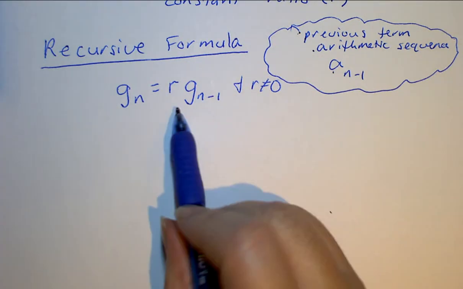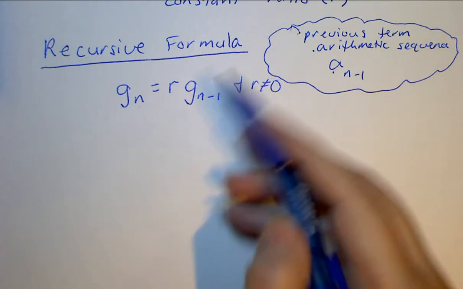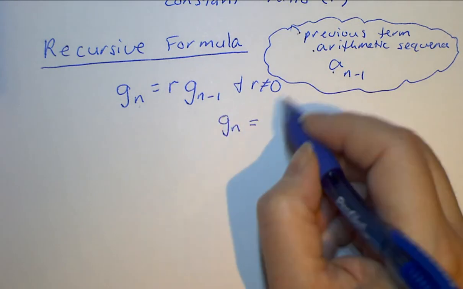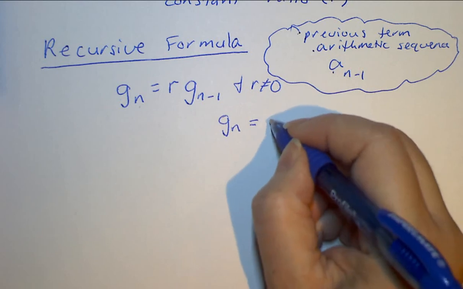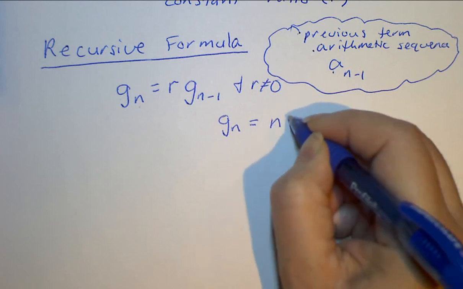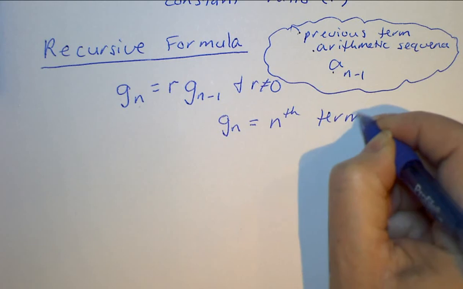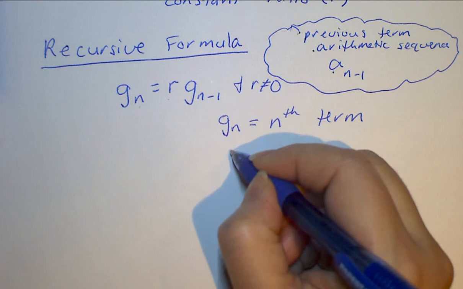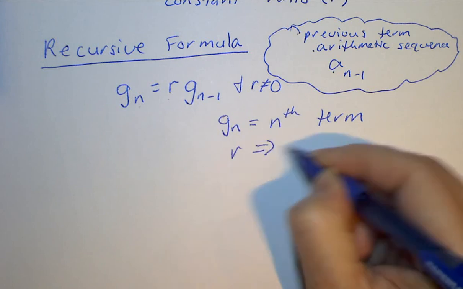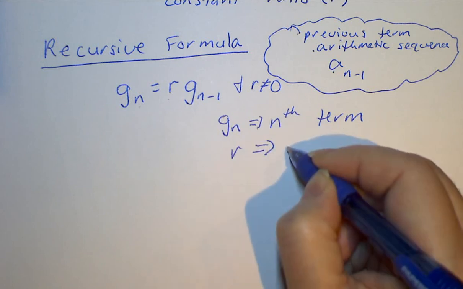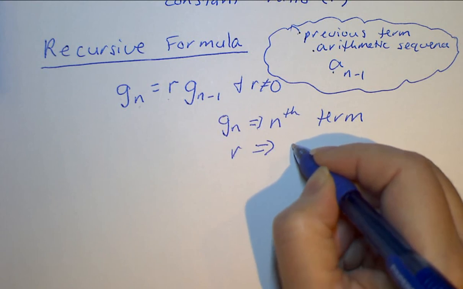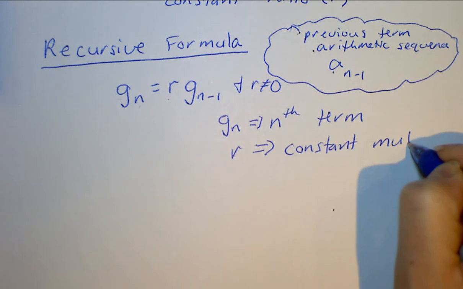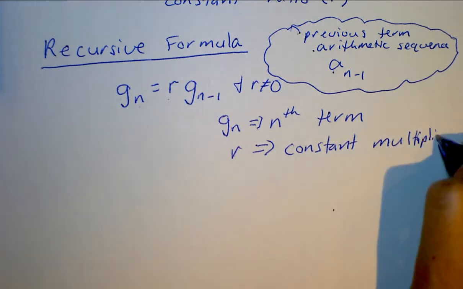So again, your g sub n is going to be your nth term, whatever term you're finding. Your r is your constant multiplier, or your constant ratio.